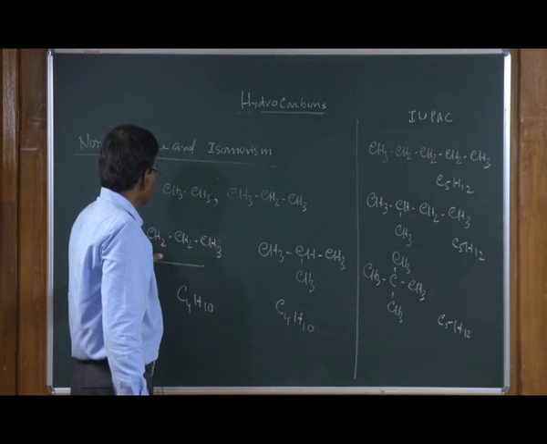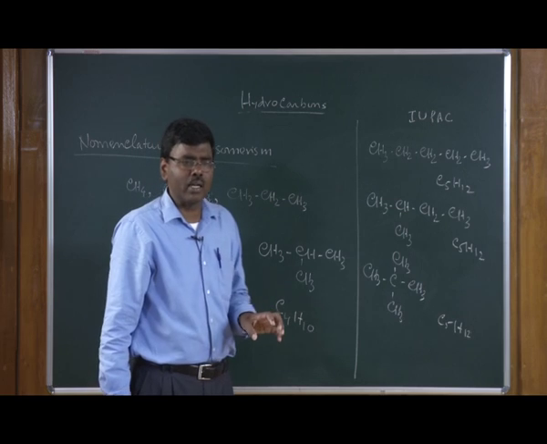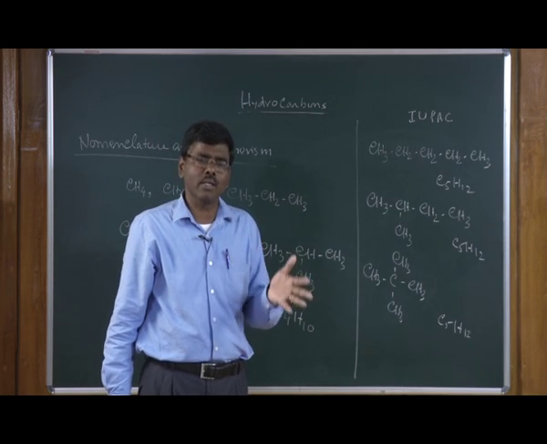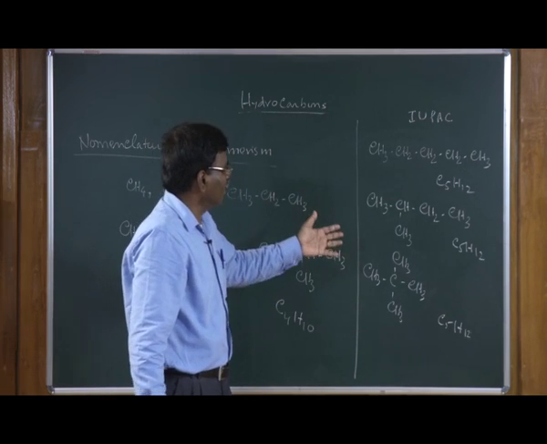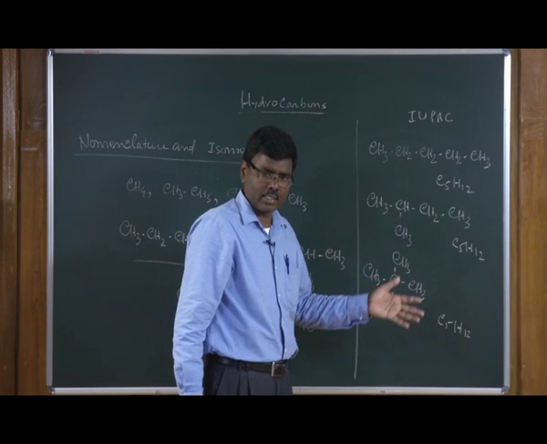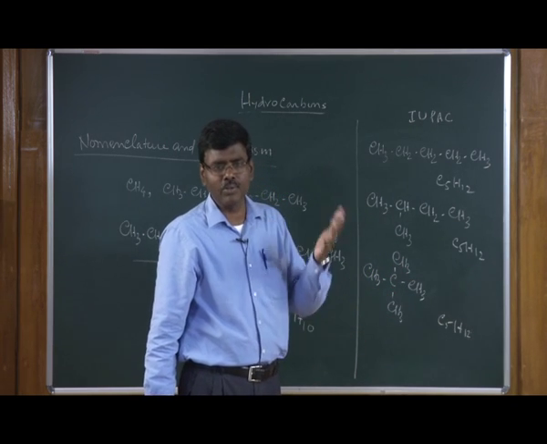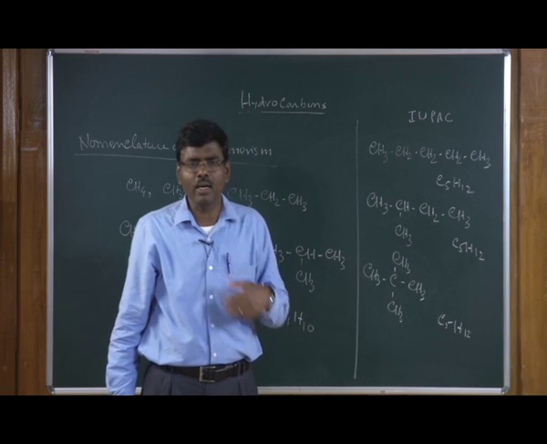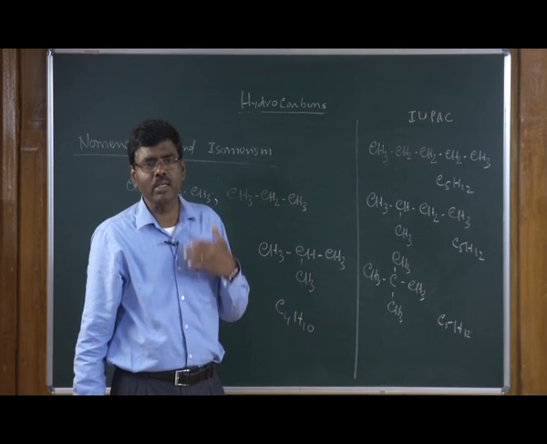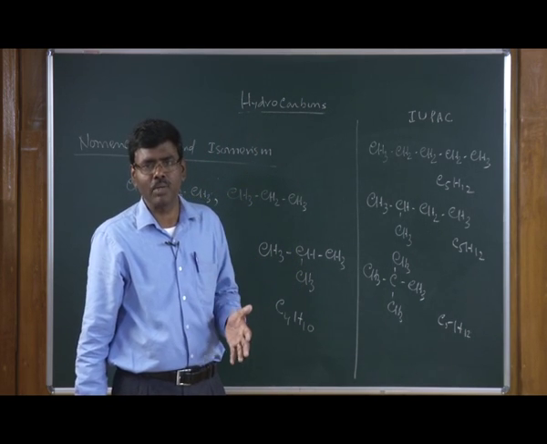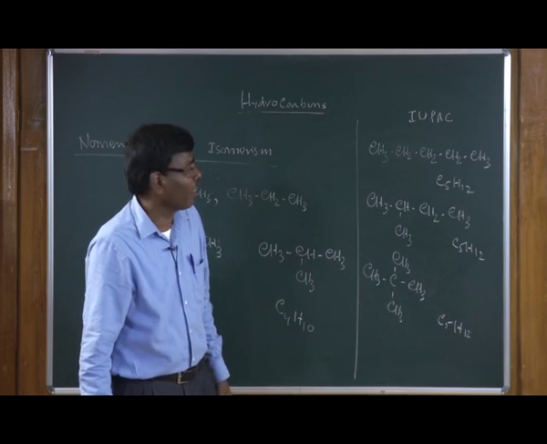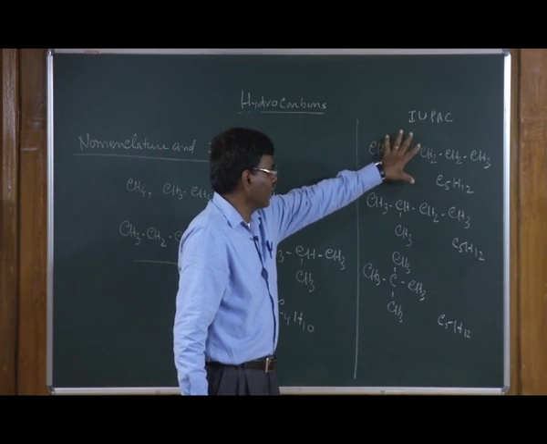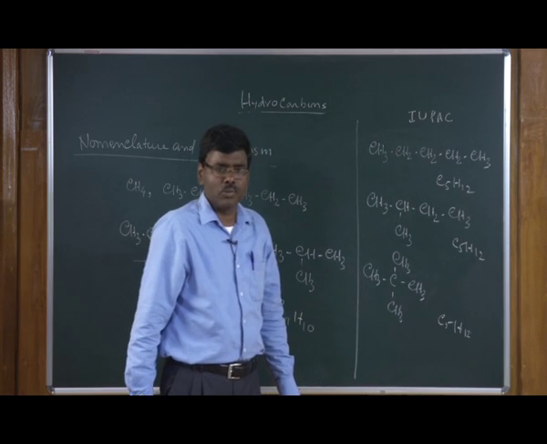Using this IUPAC nomenclature, you can name all the compounds. When you go for hexane, you will have more structures, and heptane with 7 carbon atoms, octane 8, nonane 9, decane 10 carbon atoms, you will have a number of structures. Using this nomenclature, you can name all the compounds.